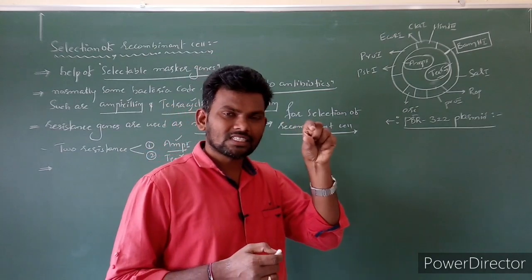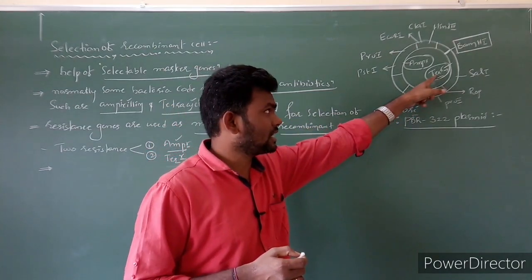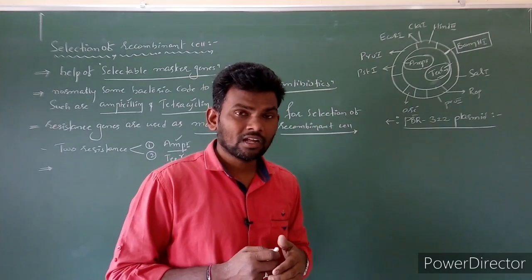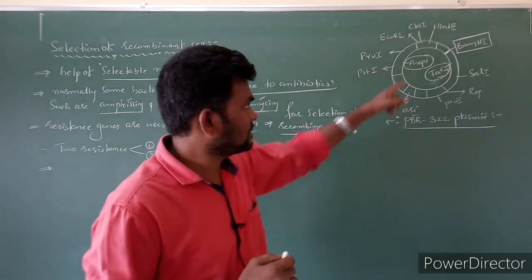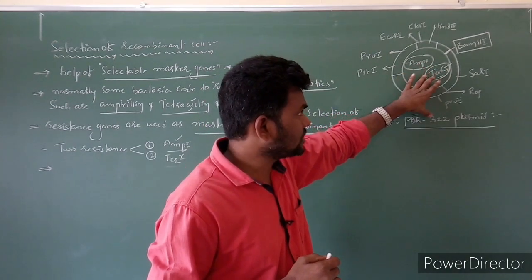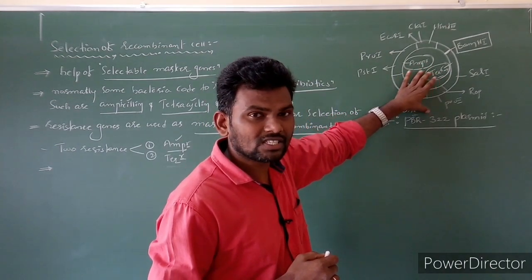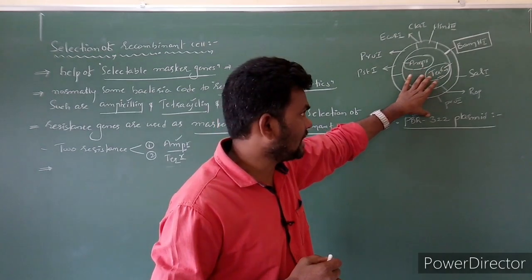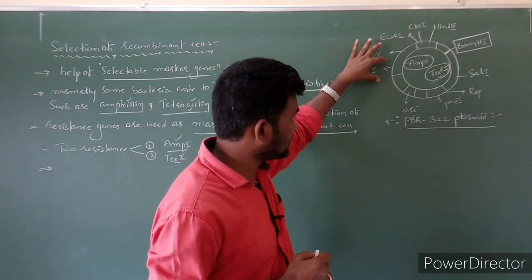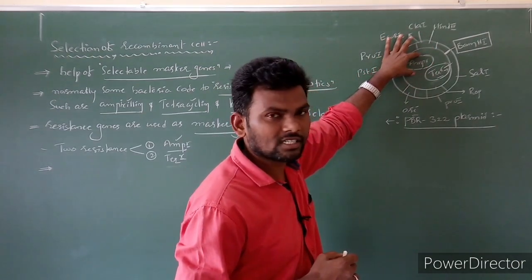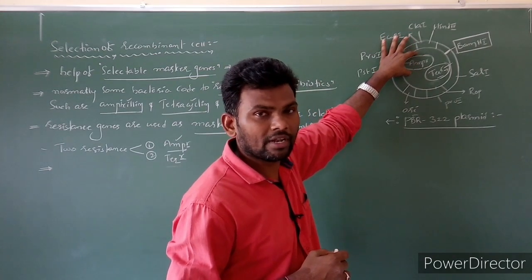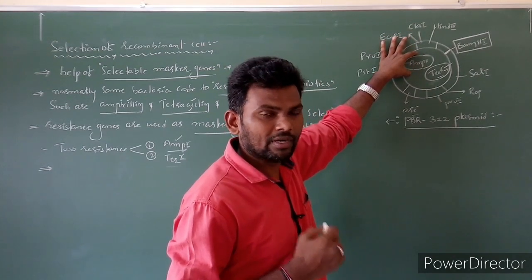If you insert the desired gene there, it loses its character. Then only one marker gene remains, which is ampicillin. So due to insertion of the desired gene, the pBR322 plasmid loses the tetracycline resistance character, but it retains ampicillin resistance. This is useful for selection of recombinant plasmid or recombinant cell.